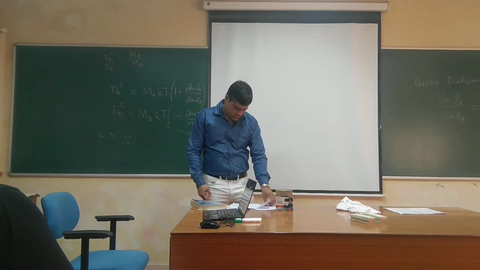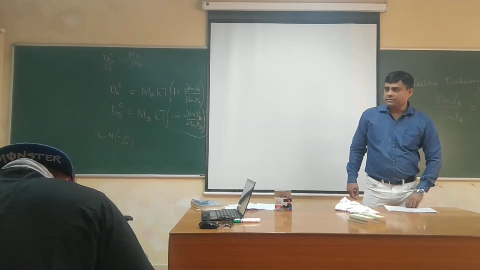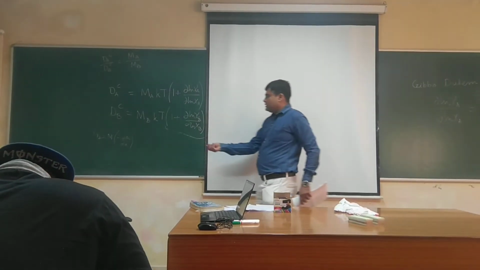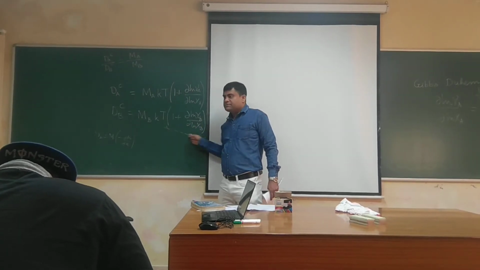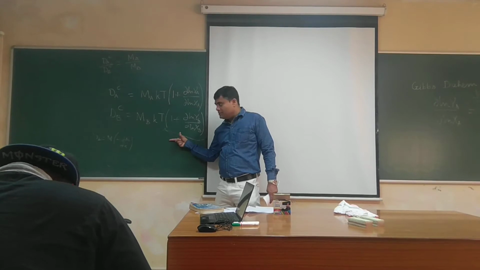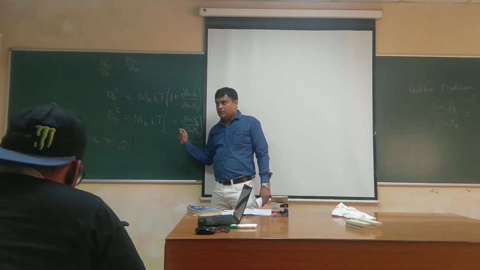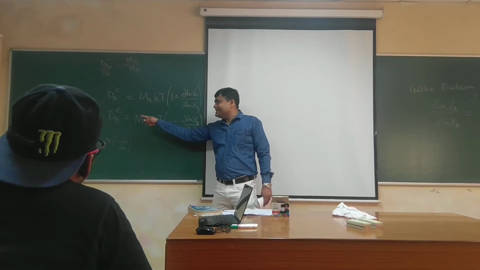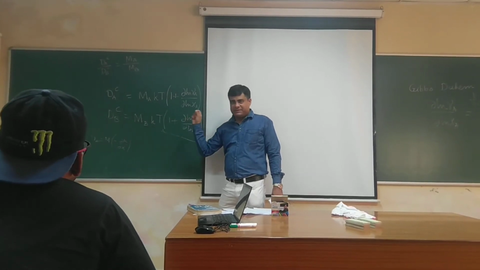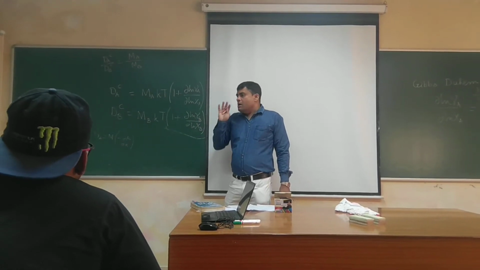Can I repeat this? What I am saying is that for ideal solution, this becomes zero. So 1 plus 0 is 1. So for ideal solution, DB equal to MBkT, or the intrinsic diffusion coefficient of any component is mobility multiplied by kT.